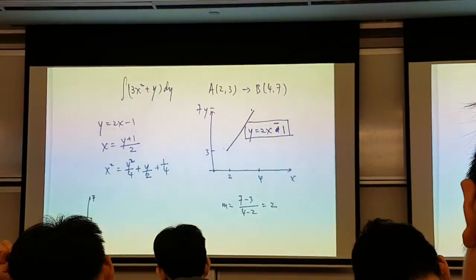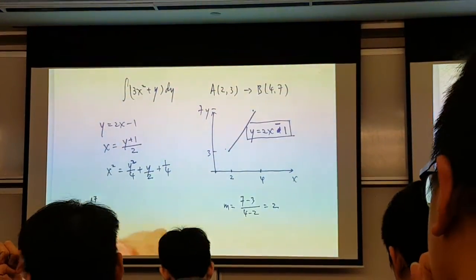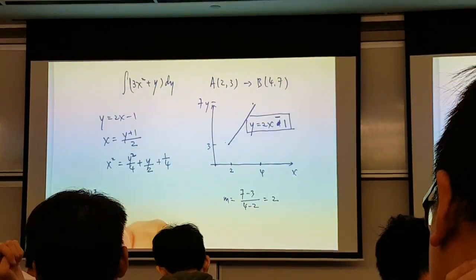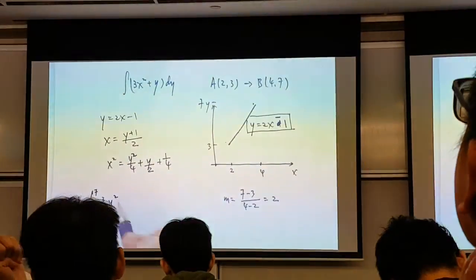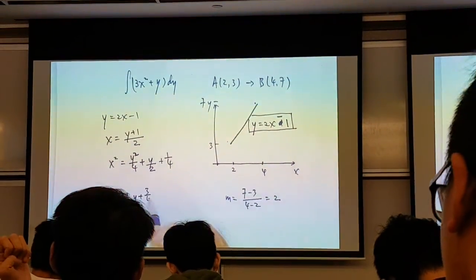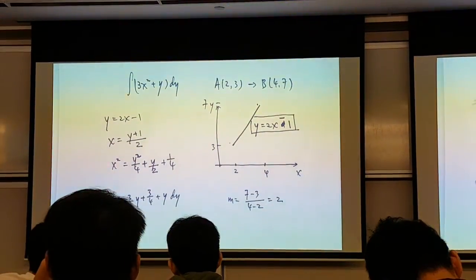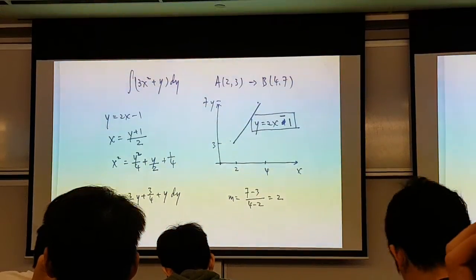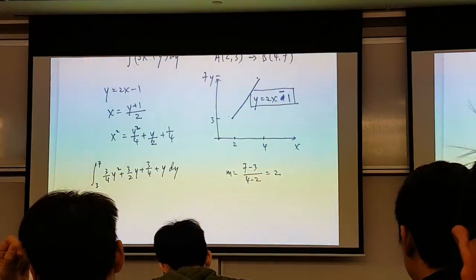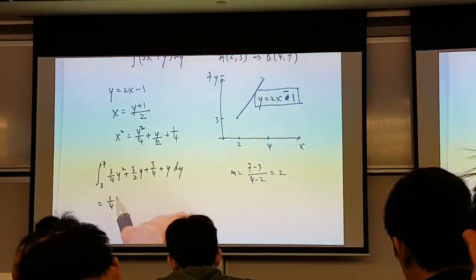When we integrate from 3 to 7, you have 3 times your x squared, so you have 3/4 of your y squared plus 3/2 of your y plus 3/4, plus y dy. Of course, the rest will be quite straightforward in the integration, so evaluation just with the limits.